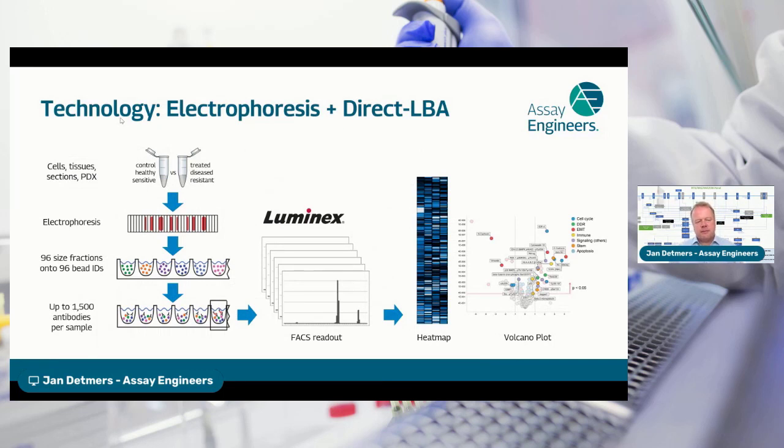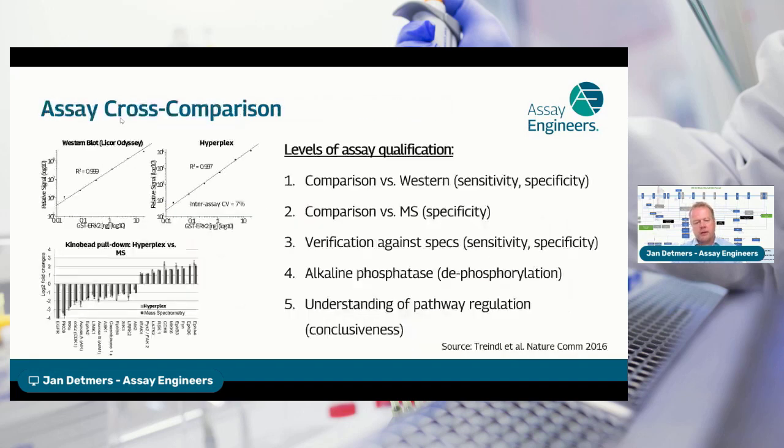Then these beads are incubated with up to 1,500 different antibodies, and we read out the information using a Luminex instrument. And then downstream, we can create heat maps, volcano plots, and we can visualize signaling pathways like I've just shown for the Ras-Raf-ERK signaling pathway.